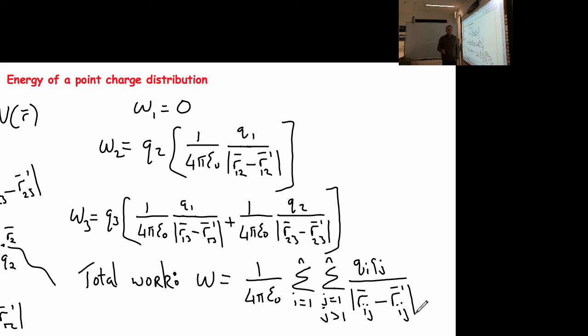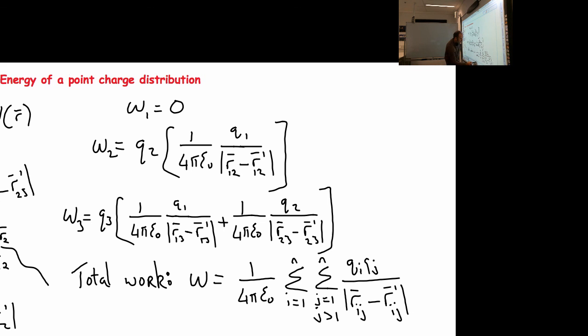So we can write this out a little bit neater. We can just write it out in terms of the potential. And what this will give is the work will be equal to 1 over 2. Now what I've done here is I've divided this by 2 so that we don't count the point charge pairing twice. Okay?